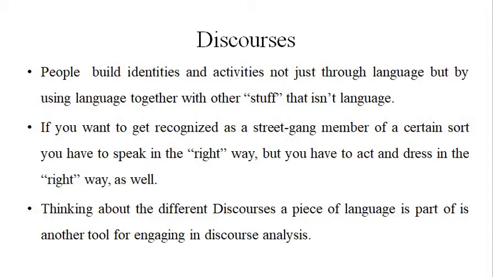And indeed, these two identities and their concomitant ways of talking, acting, and interacting may well conflict with each other in some circumstances in which different people expect different identities from the person, as well as in the person's own mind.